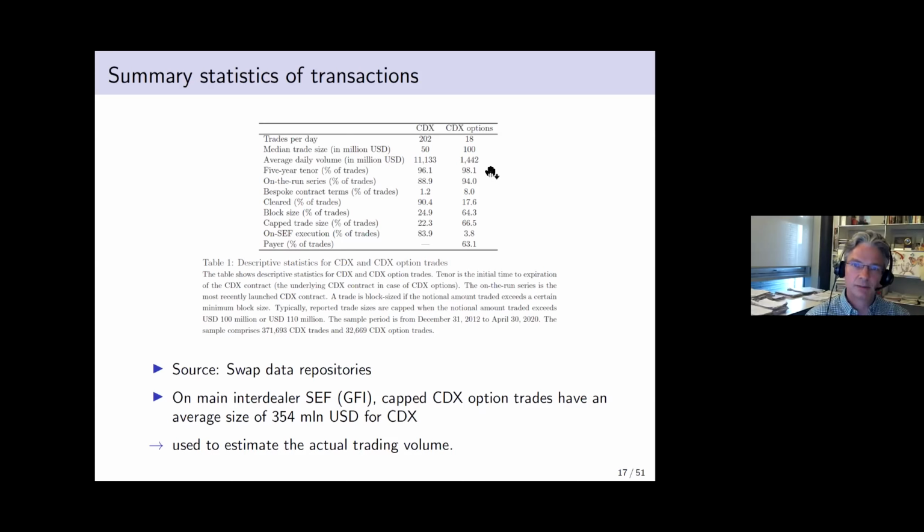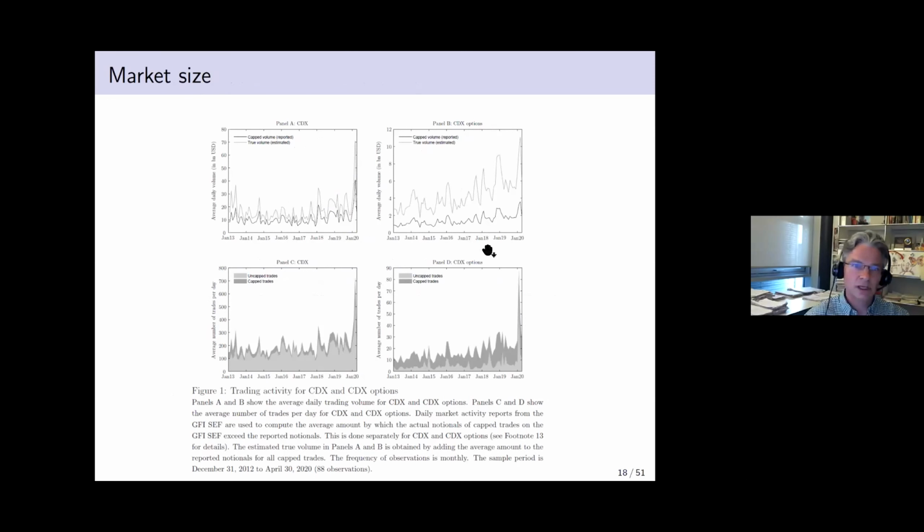You can see that the bulk of the trading happens in 5-year on-the-run series. They're mostly standardized contracts. And you can see that the bulk of the trading is indeed in the payer swaptions, so options on spreads. This is a time series of the activity in this market. You can see the trend that the market has been growing.